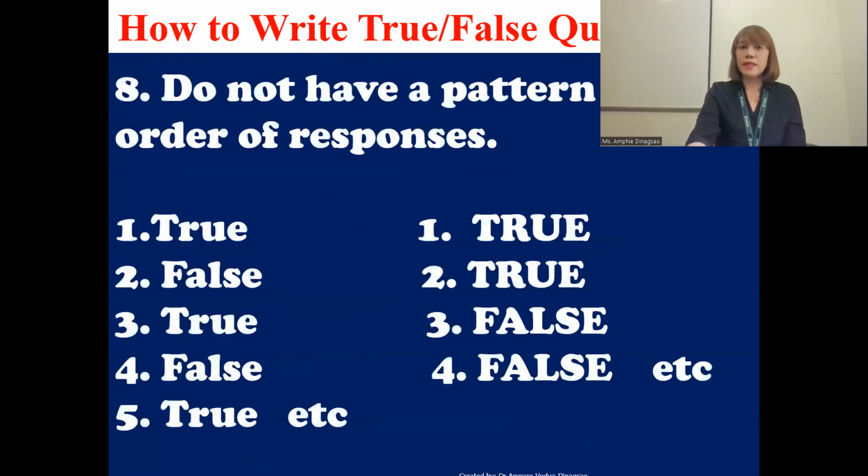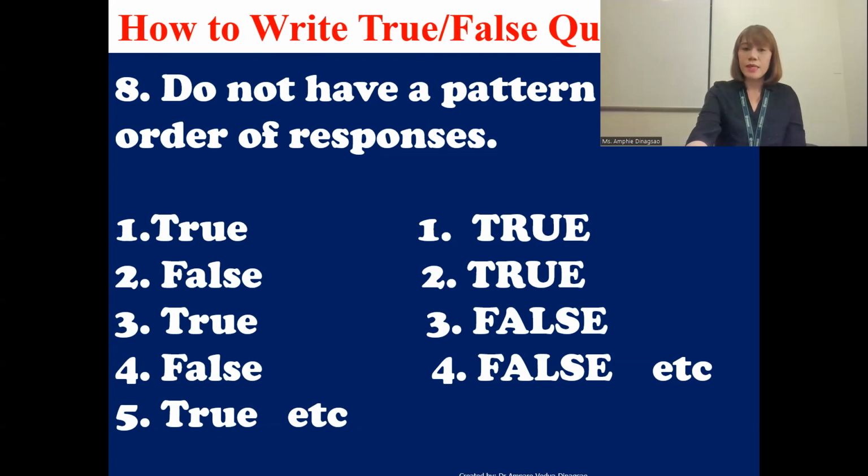And of course, do not have a pattern in the order of responses. I know that for some teachers, it will help them when they're checking, but our students can automatically spot if there is a pattern. So please avoid that.